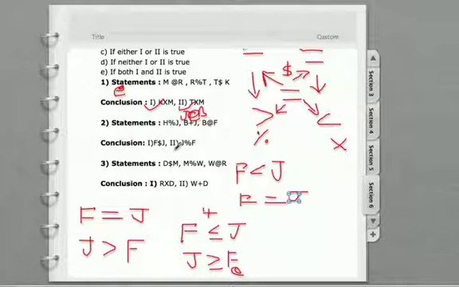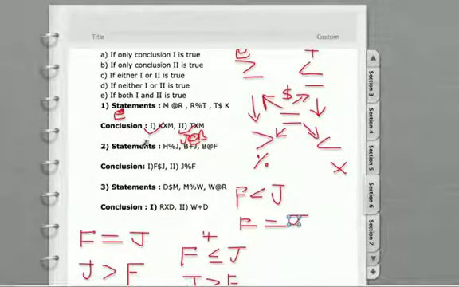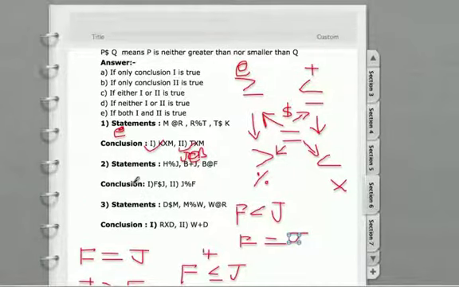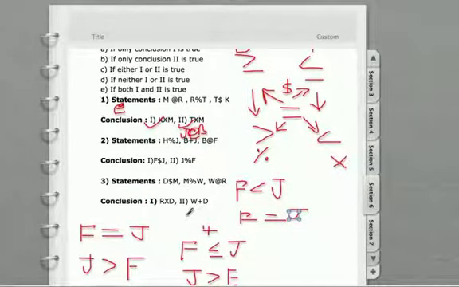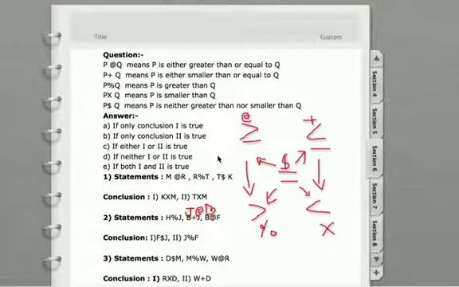So what will be the result? Both are true. So in that situation we can mark the answer as either conclusion 1 or 2. Actually, at one time only one relation is established between f and j: either it is equal to or it is smaller than.